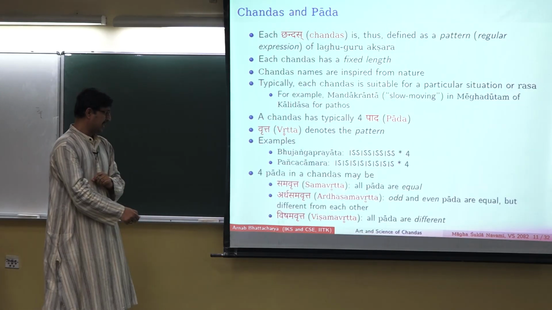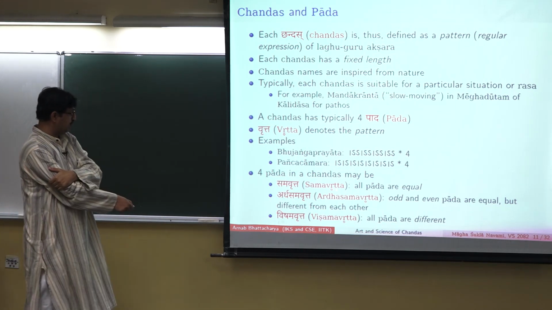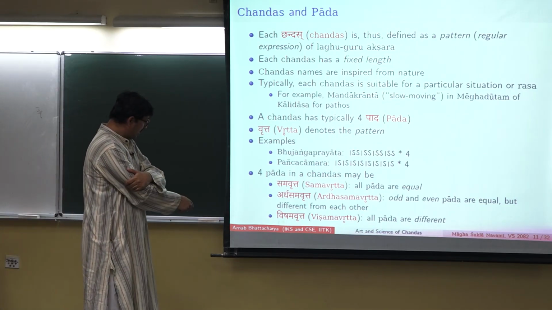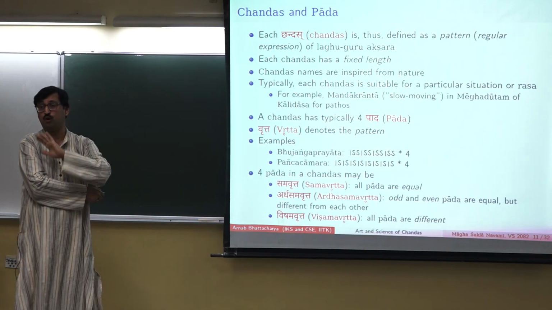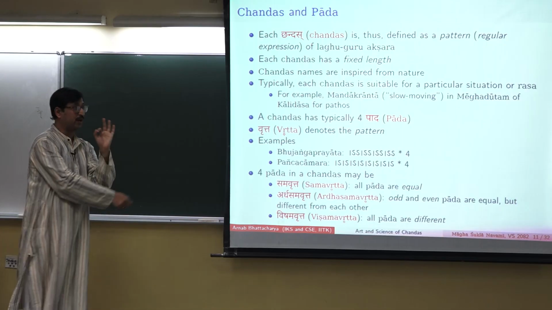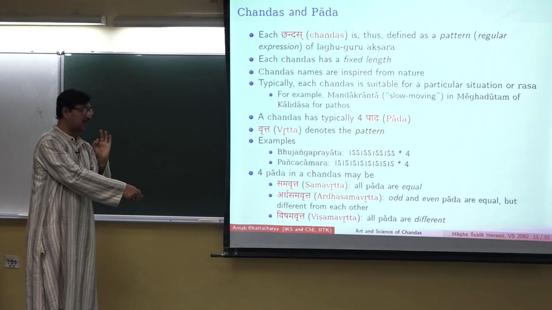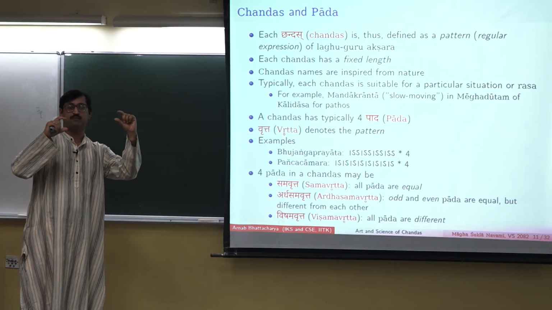Alright. Now, in a sloka, what you can do is that you can say this is a samavritta. Sama meaning same. So, all the 4 quarters of it should have the same regular expression, same pattern. Or you can say this is ardha samavritta. So, the first and third are same, but that is not the same with second and fourth.